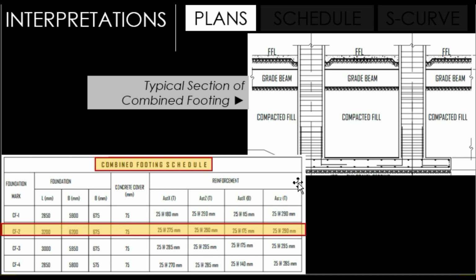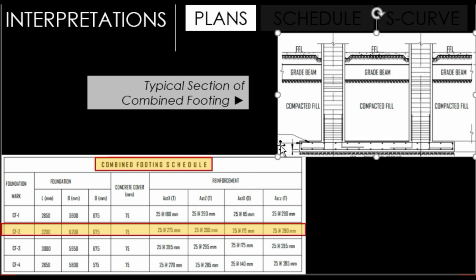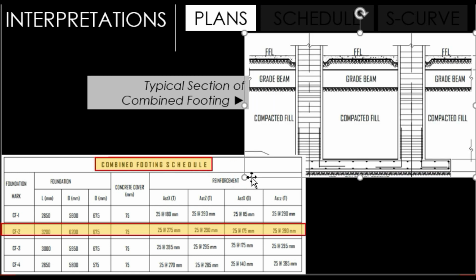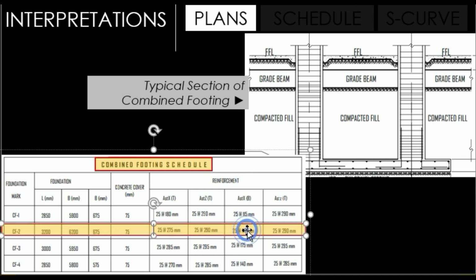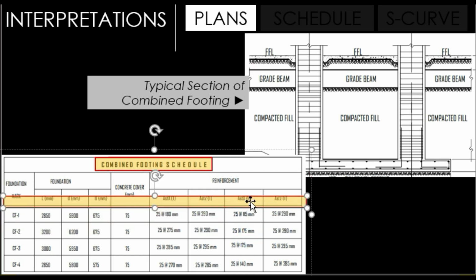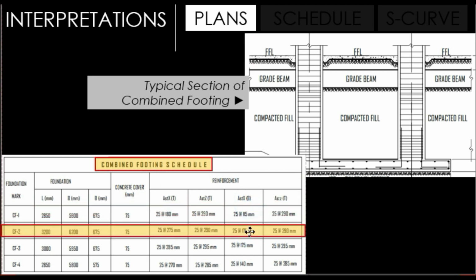Our combined footing is doubly reinforced, and as per schedule, it shows another 25 pieces spaced at 0.175 meters along X and 25 pieces along Y or Z direction for its bottom reinforcement.